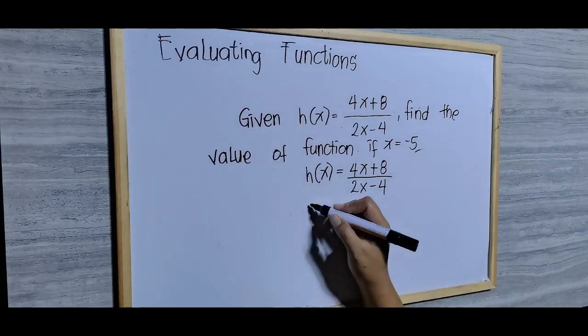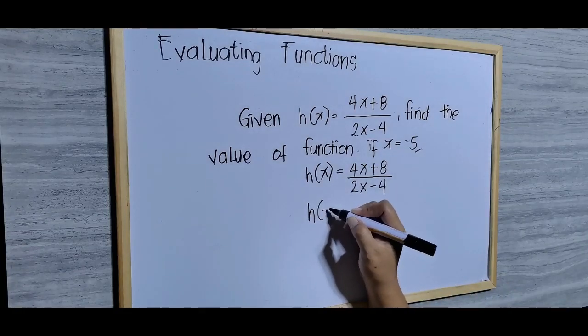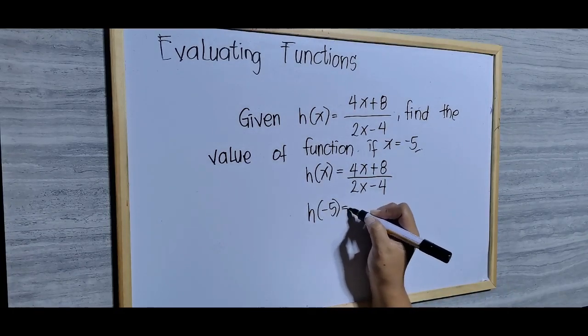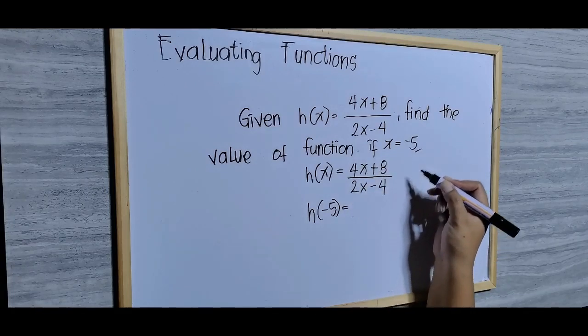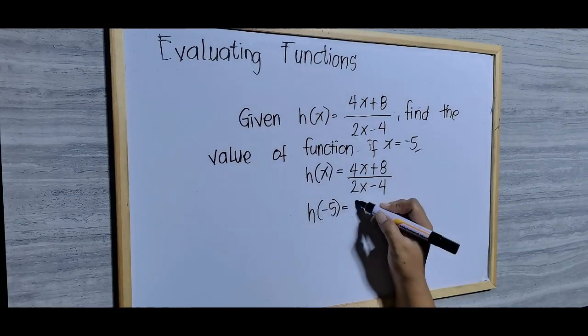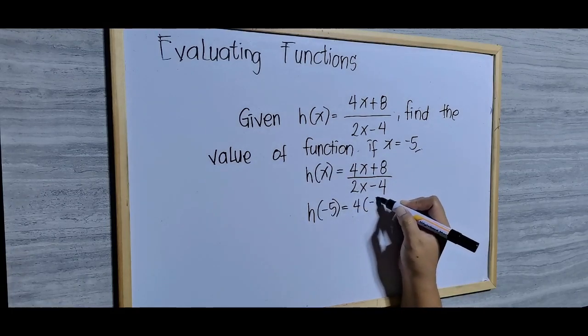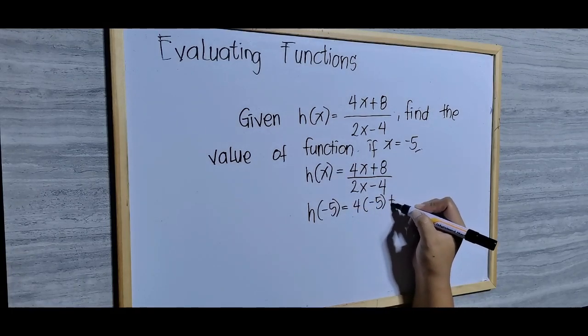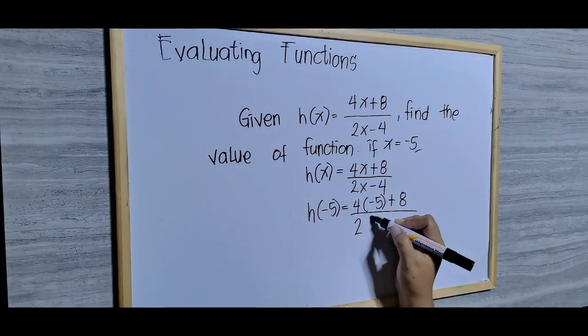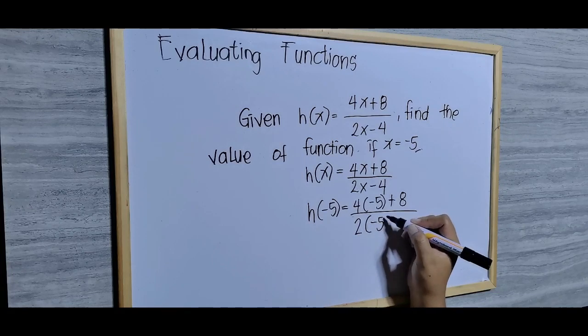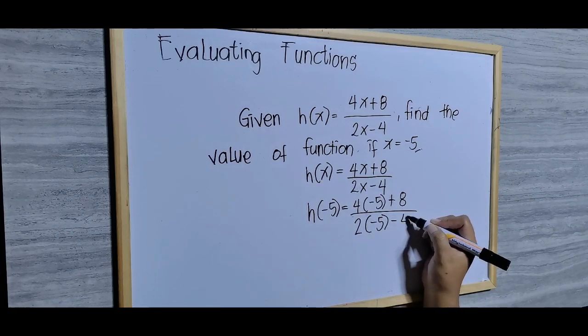So it will become h of negative 5. So ang gagawin nyo, palitan lahat ng x dun sa rational function ng negative 5. We have 4 multiplied by negative 5 plus 8 all over 2 multiplied by negative 5 minus 4.